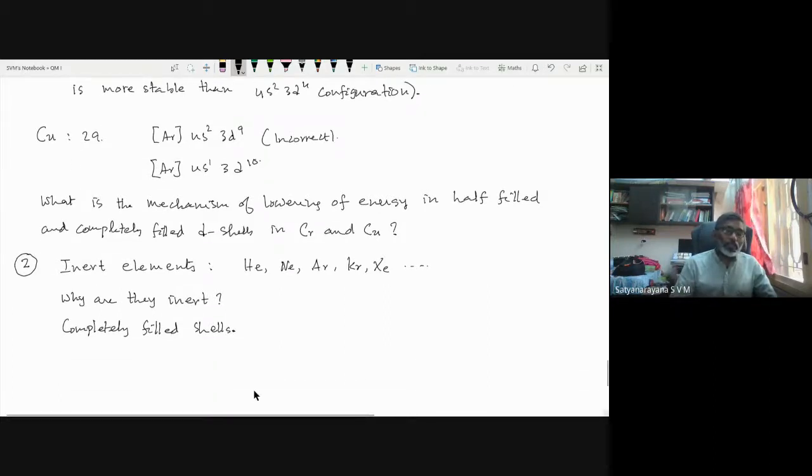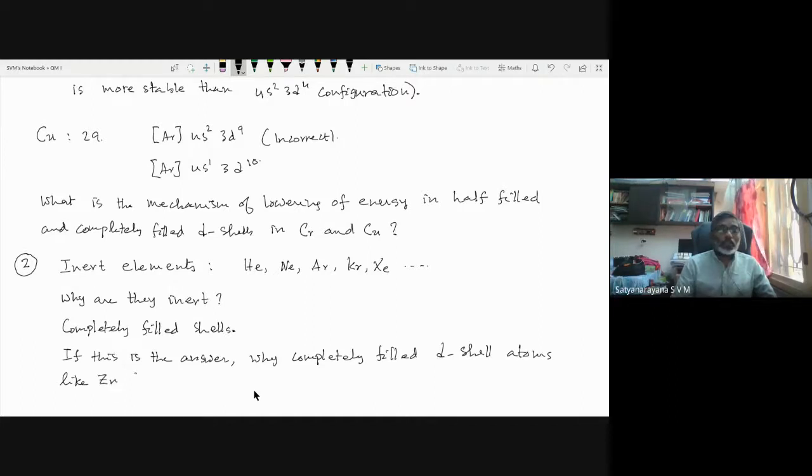Take completely filled D shell atoms like zinc, for example.